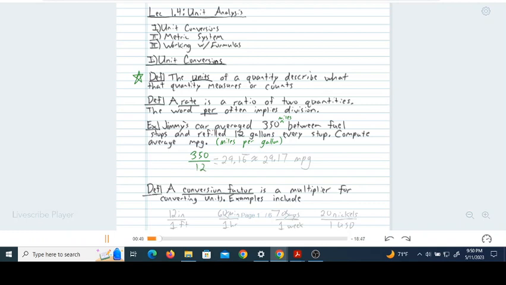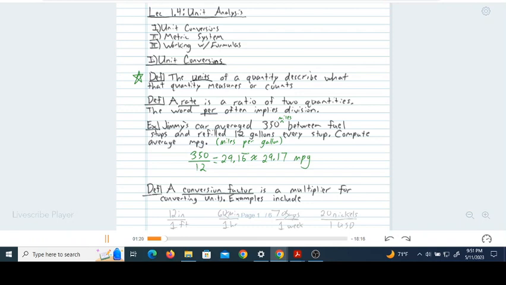And let me go ahead and grab my calculator real quick. Alright, so 350 divided by 12, we get 29.16 repeating, which is approximately 29.17 miles per gallon.